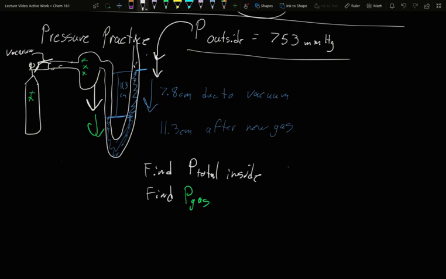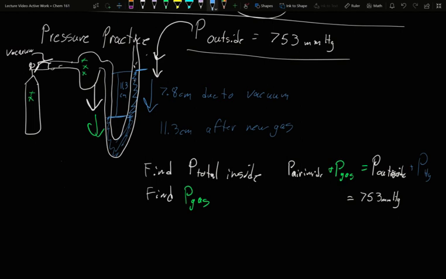So if I want to find my pressure total, it's the pressure of air inside plus the pressure of the gas inside. All that must equal the pressure outside plus the pressure from the mercury. Well, the atmosphere doesn't really change, so my pressure outside is still 753 millimeters of mercury.